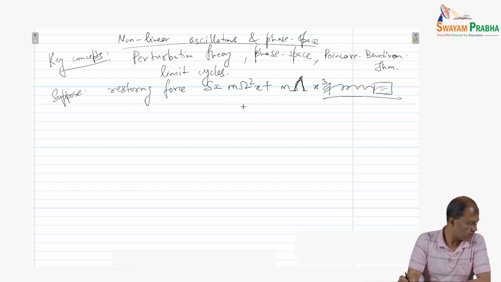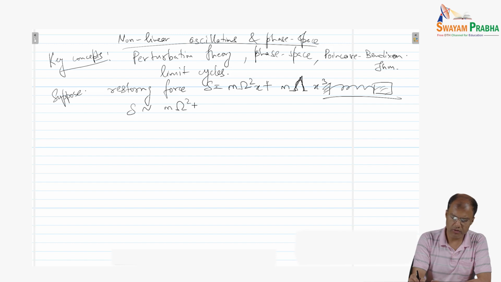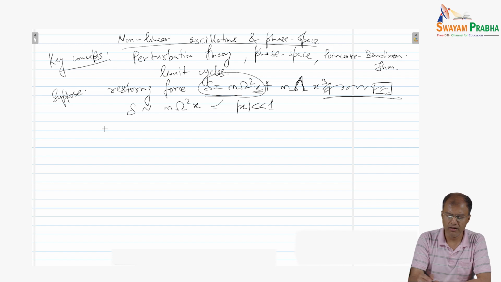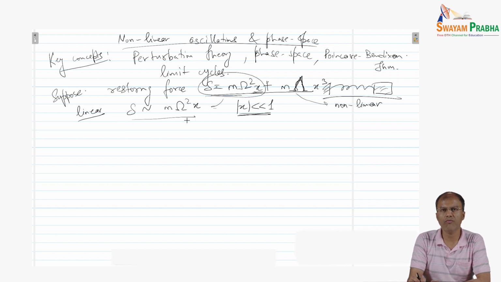So S is m omega square x, where x is very, very small. Remember, when the deflections are small, we can essentially treat our restoring force to be linear. Here we are taking the general restoring force to be nonlinear, and when we have small deflections, the restoring force can be approximated by the linear term itself.